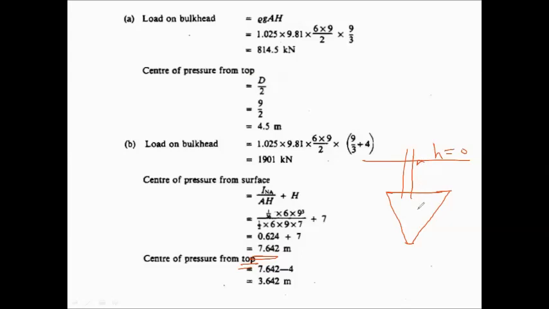From here to here it is 7.642 meter, but I want the center of pressure value from the top of the bulkhead. So from here to here it was 4 meter. So the value will be 7.642 minus 4. The value is coming 3.642 meter from the top of the bulkhead. From the top of the bulkhead, the center of pressure is this much.